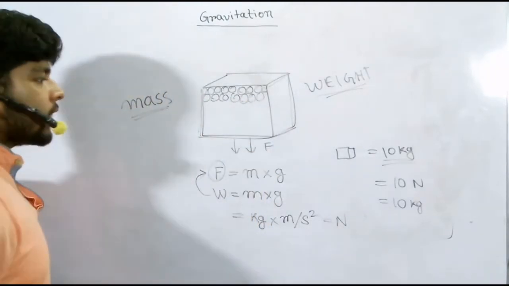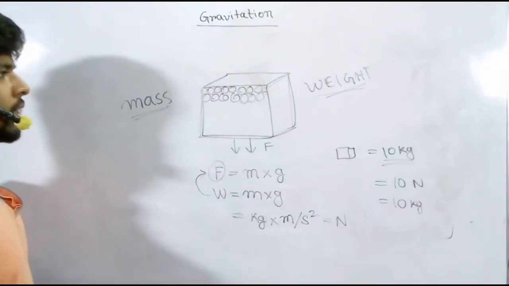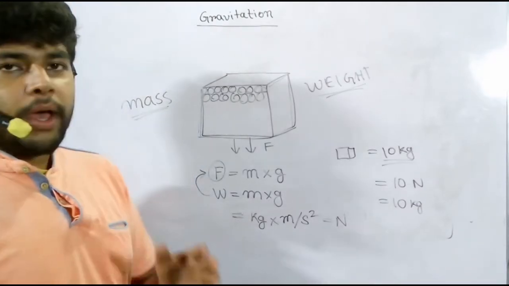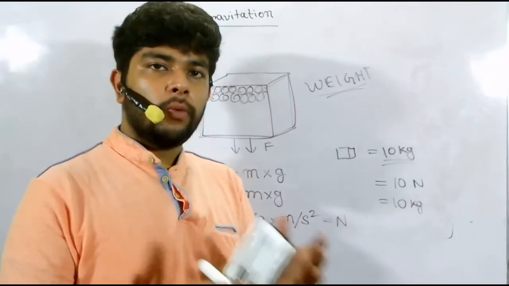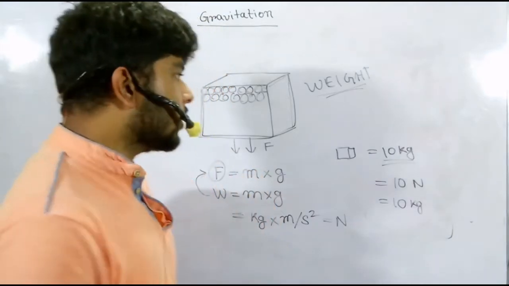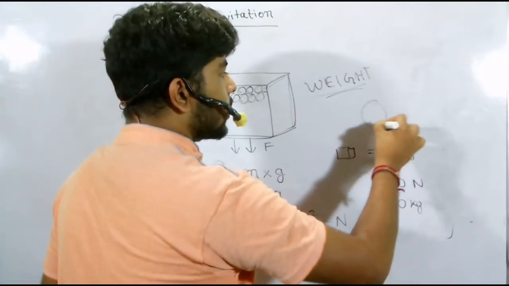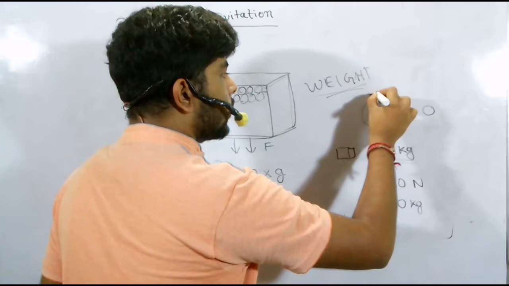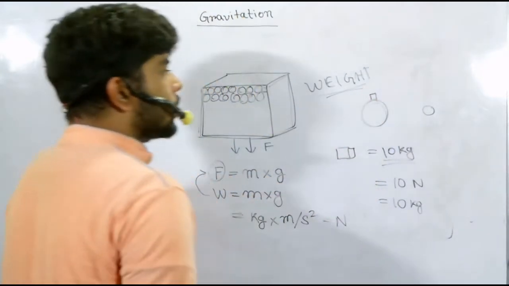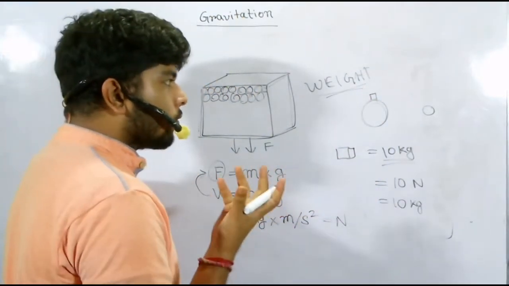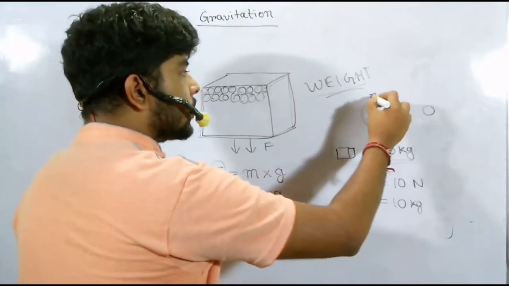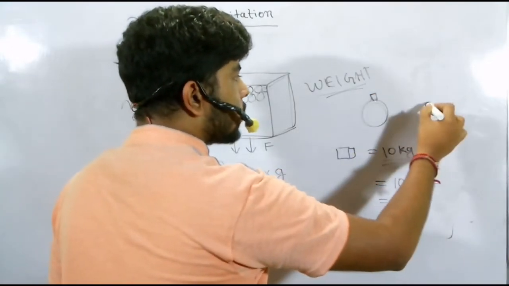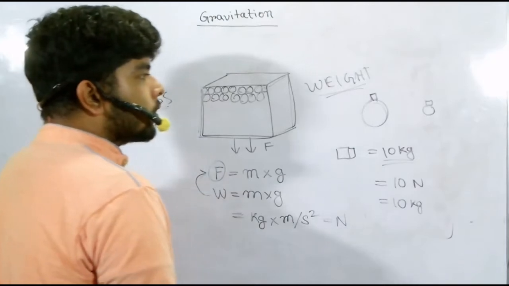So what is the mass? The amount of matter present in an object is called the mass. Mass cannot be changed when we change the place. If this is the earth and this is the moon, the quantity of matter in the object on the earth's surface is the same when we take it to the surface of the moon.